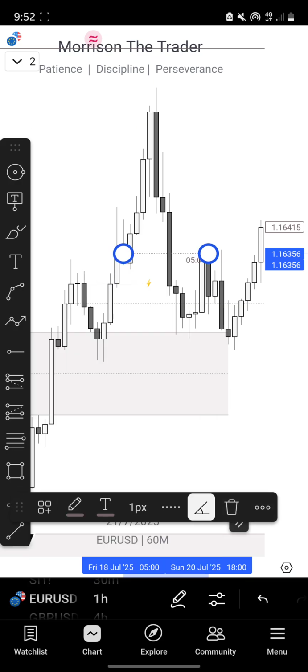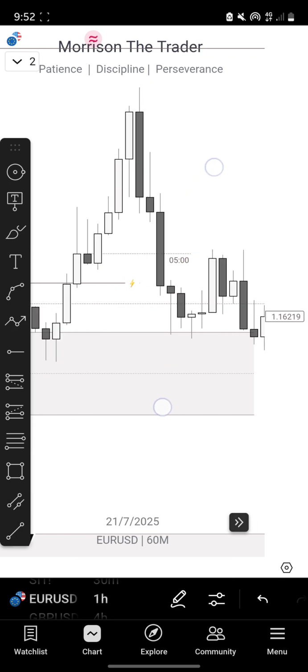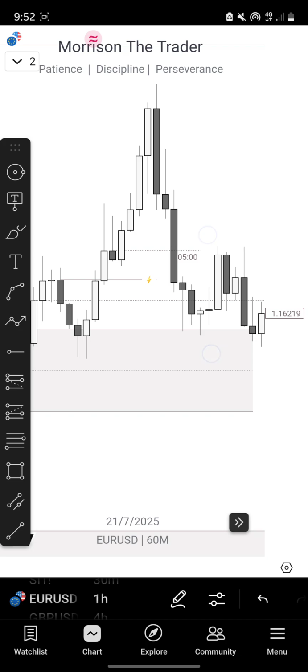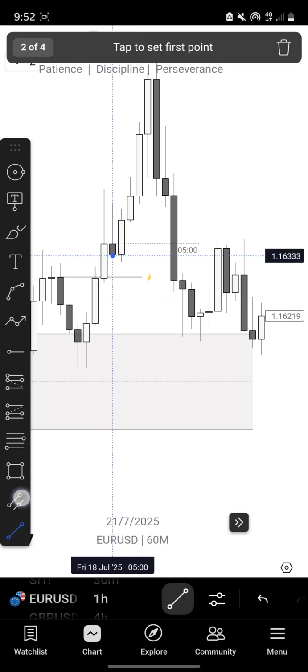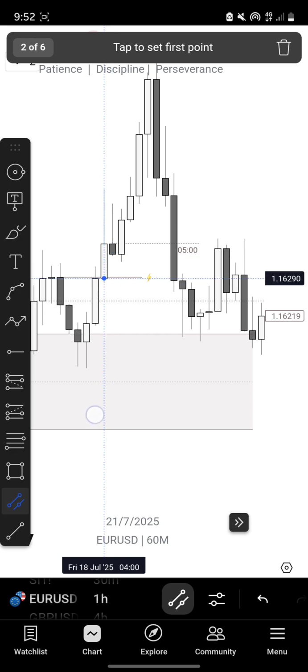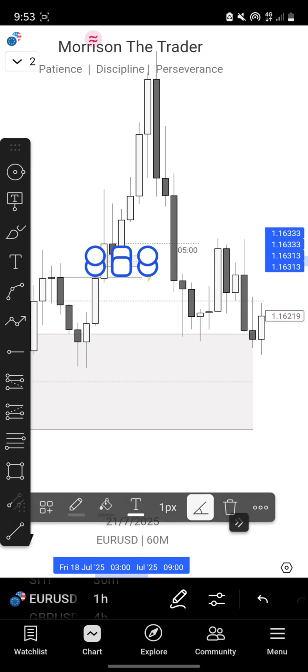So we mark it at 5 a.m. Right. That's the 5 a.m. candle. And then what do we have again? We have a fair value gap. So that fair value gap is from the 4-hour candle that recently closed.